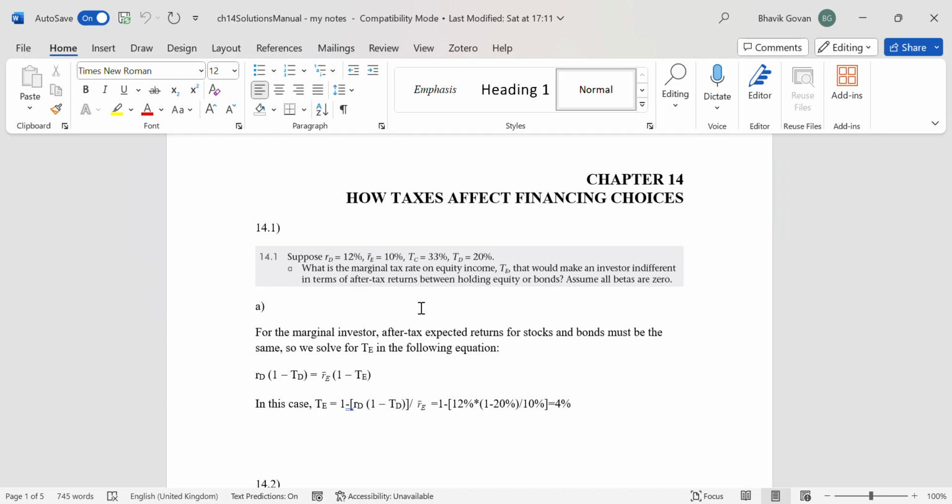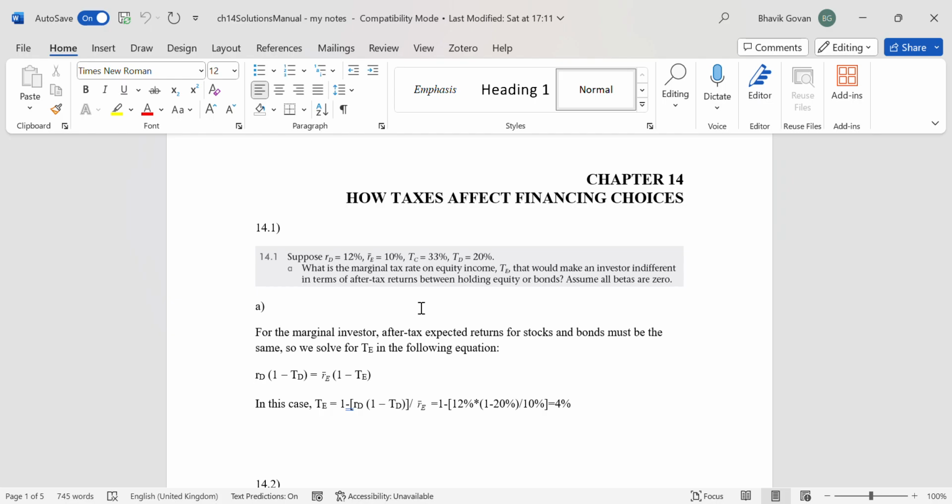And then the part about investors being indifferent between holding equity and bonds, it basically means that they don't really care whether they're holding equity or whether they're holding bonds. So for the marginal investor, the after-tax expected returns for stocks and bonds must be the same. So we solve for TE in the following equation.